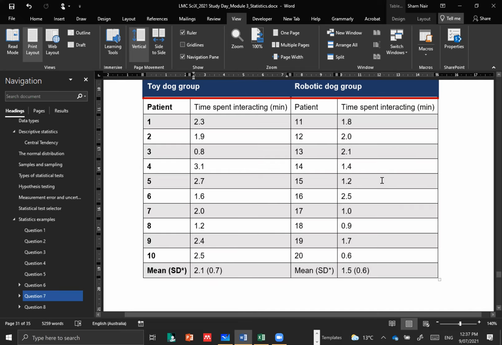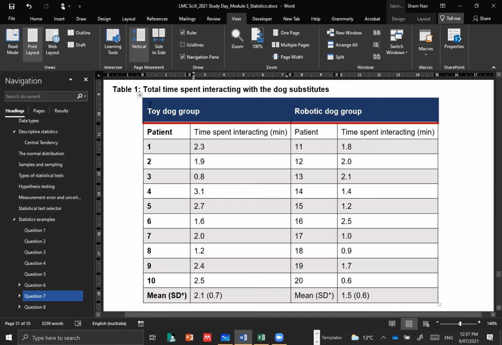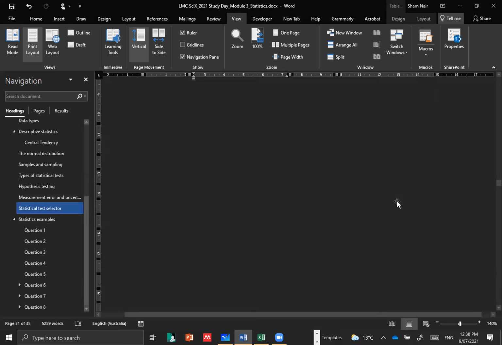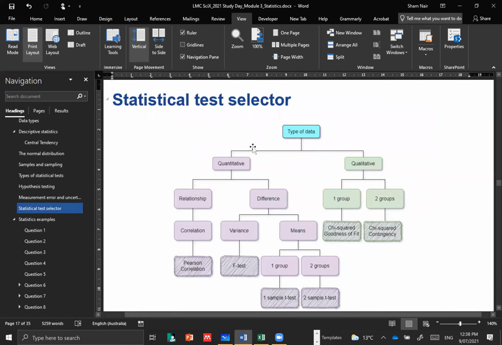We're going to compare these two data sets. We've got two data sets. One group was given a toy dog, the other was given a robotic dog. Okay, so we're comparing two data sets. So if we went back to this, we're looking at quantitative data. We're looking at the difference. We are given the means, the average, and we're comparing two groups. So this would be a t-test.